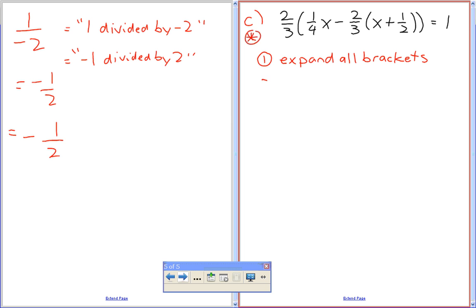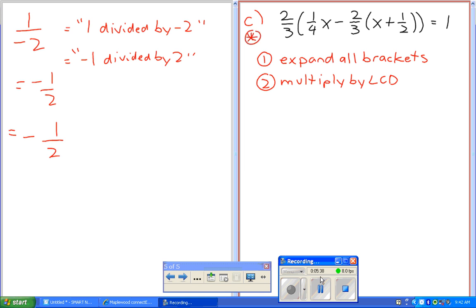Then number 2, multiply by the LCD. Expand all brackets means multiply through. So you do 2/3 times x, 2/3 times 1/2, and then 2/3 times all of these things, and then do your LCD. Give it a try.